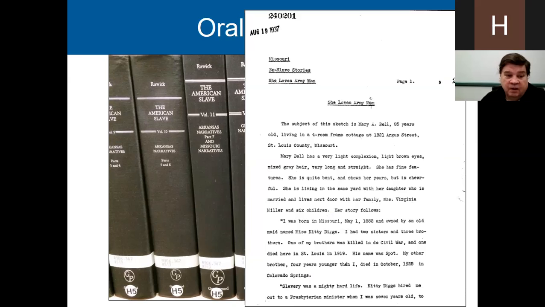Now, it didn't matter who they interviewed or what they actually said. When they wrote these, they wrote them in an extremely racist manner. It's the only way I can say it. They wanted the people giving the stories to sound like they had been slaves, and so that's the way they wrote it.